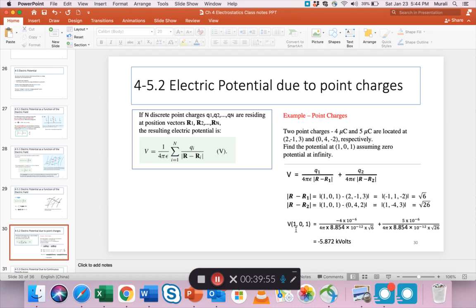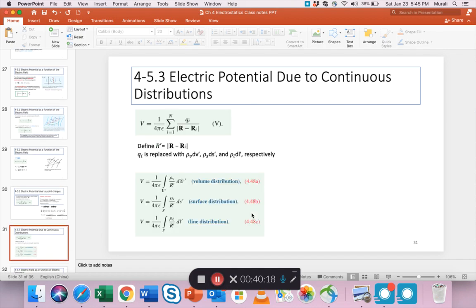Then to find the voltage or the potential at that point (1, 0, 1), you use this formula, okay, and it comes out to be a pretty large kilovolts. Again, I'm asking you the question, why is there such a large potential when you have such small charges? Something to think about. All right, I have a few more problems, so let's hurry on.